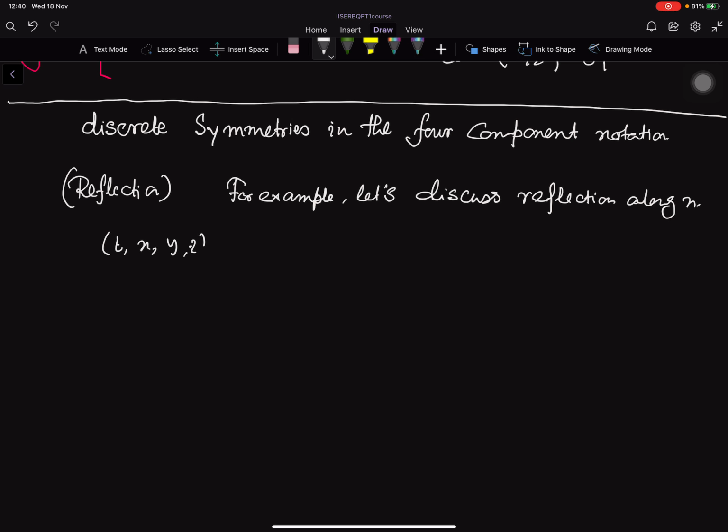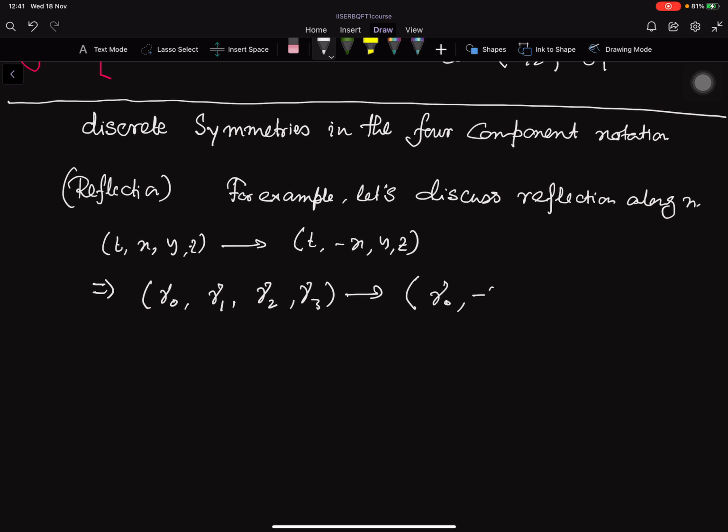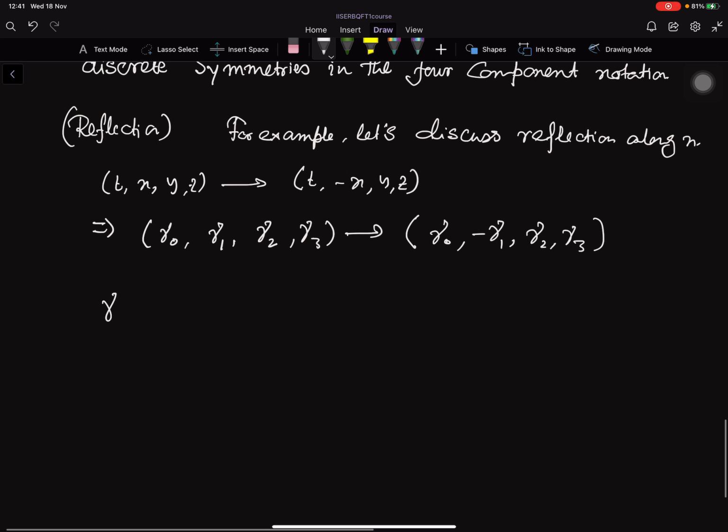the space-time coordinates will go to the reflected ones. So this implies, in terms of the gamma matrices, that under reflection the gamma matrices more generally just go to Rx gamma mu Rx inverse.